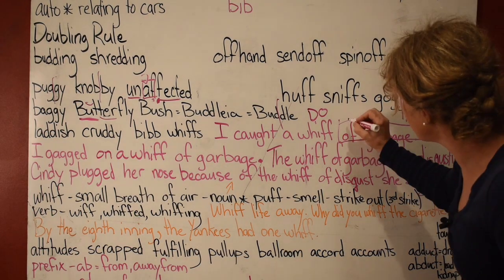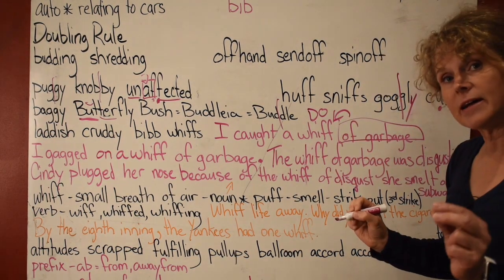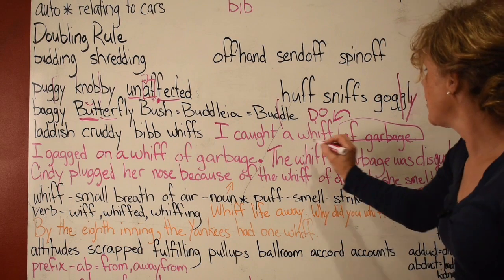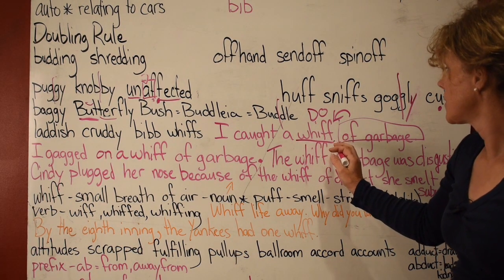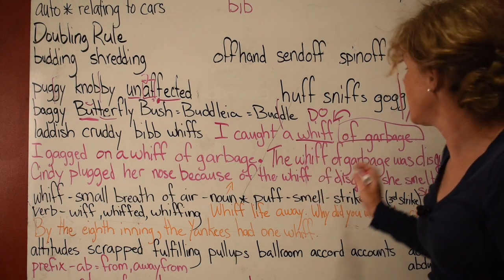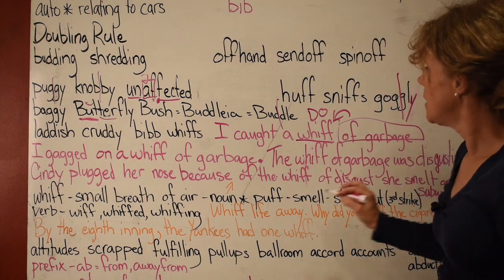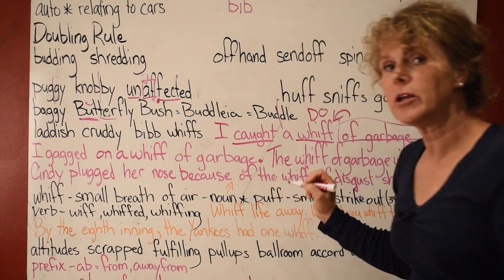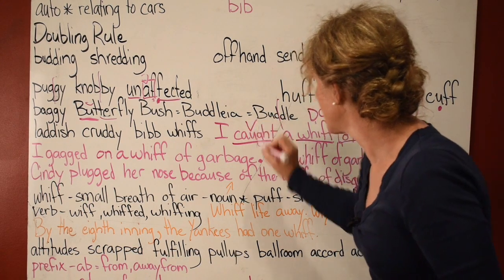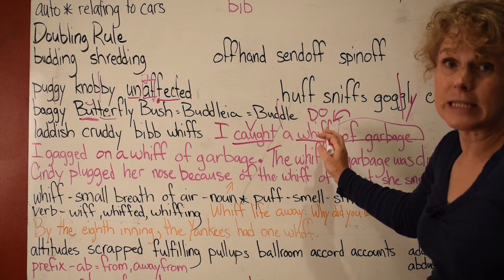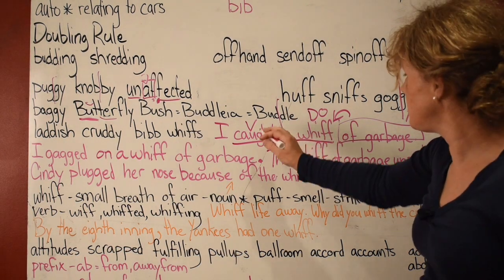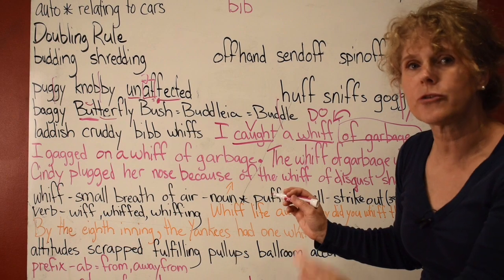This prepositional phrase is acting as an adjective phrase that is describing your whiff. It's a whiff. What kind of whiff? Well, it's a whiff of garbage. But you had to know what your verb is, caught, to be able to see if you even have a direct object. What's being caught? That's how you find your direct object.